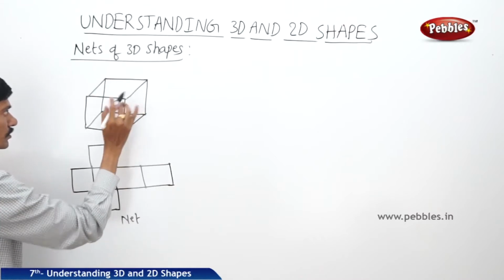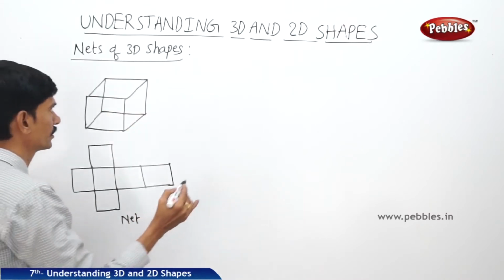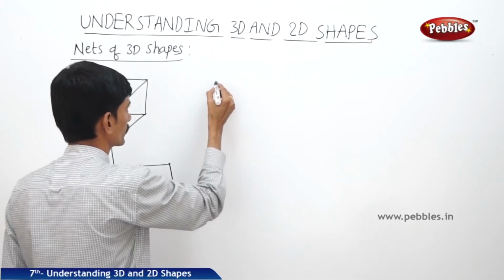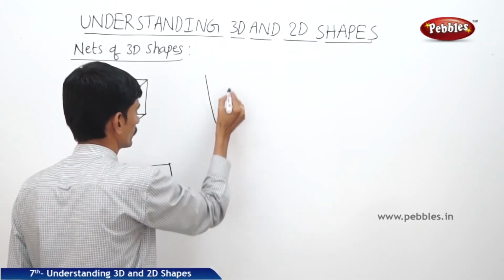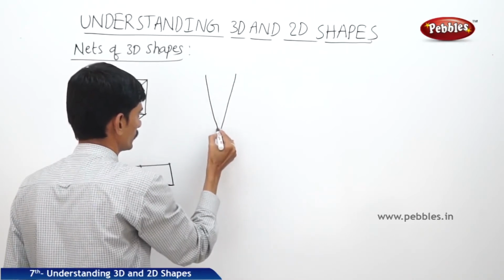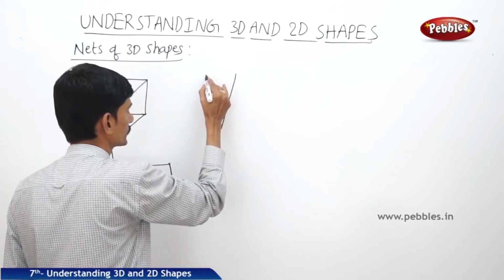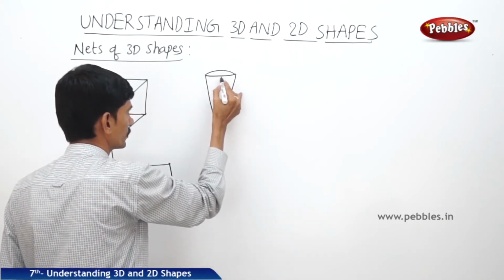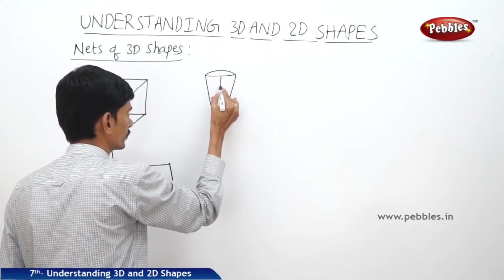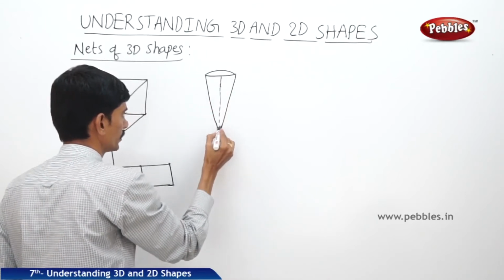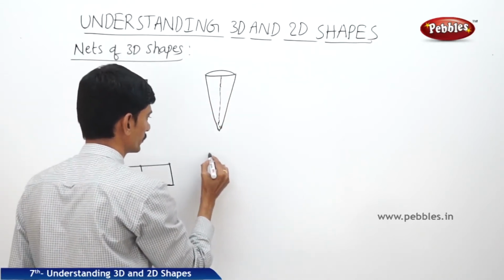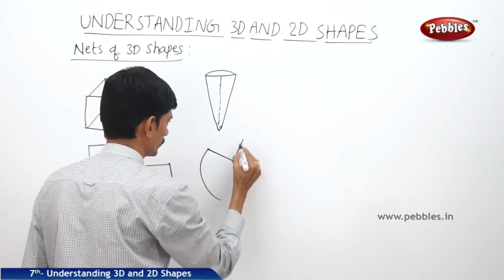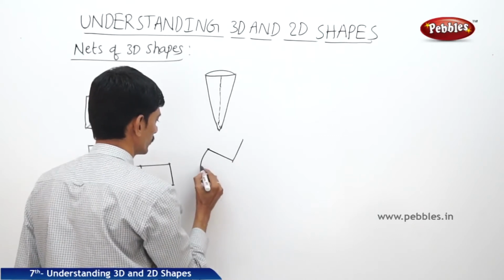of the cube. And if you take the cone, if you take the cover of the ice cream cup or ice cream cone, then if you cut along the lateral face vertically, we get the shape of a sector.